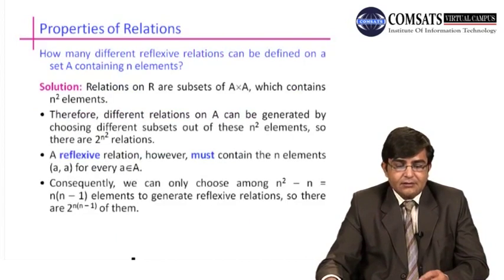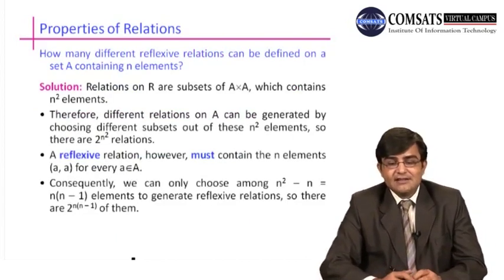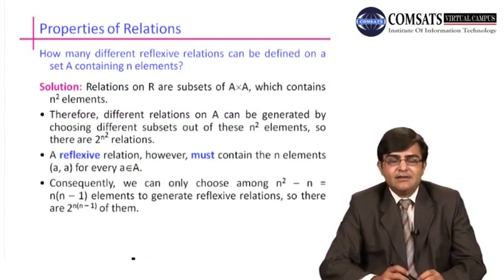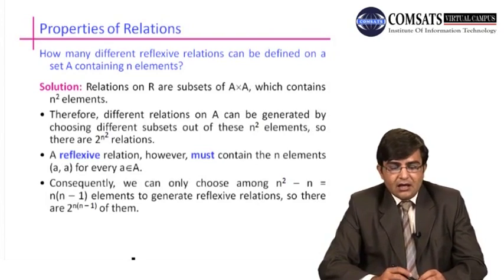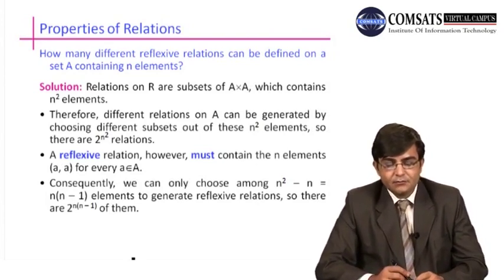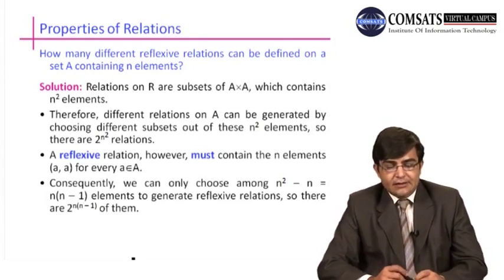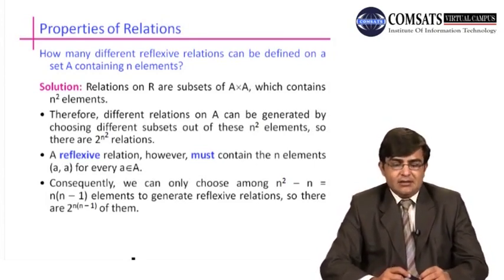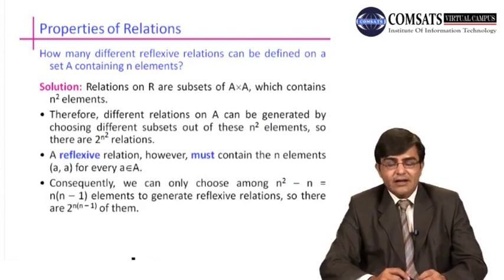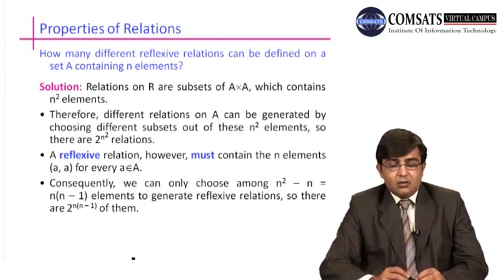Now the next is properties of relations. How many different reflexive relations can be defined on a set A containing n elements? In the earlier slides we calculated how many relations we can define on a set.